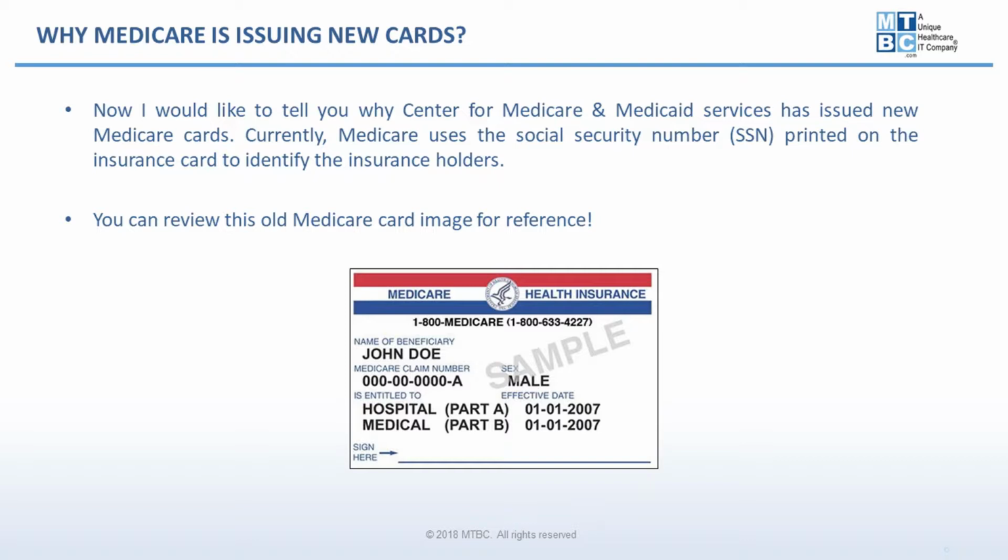Now I would like to tell you why the Centers for Medicare and Medicaid Services has issued new Medicare cards. Currently, Medicare uses the Social Security number, SSN, printed on the insurance card to identify the insurance holders. You can review this old Medicare card image for reference.